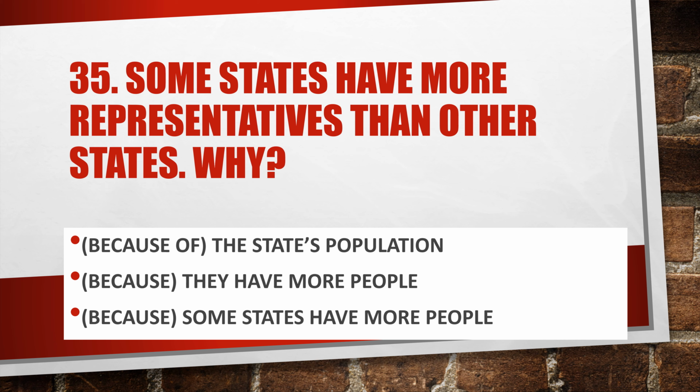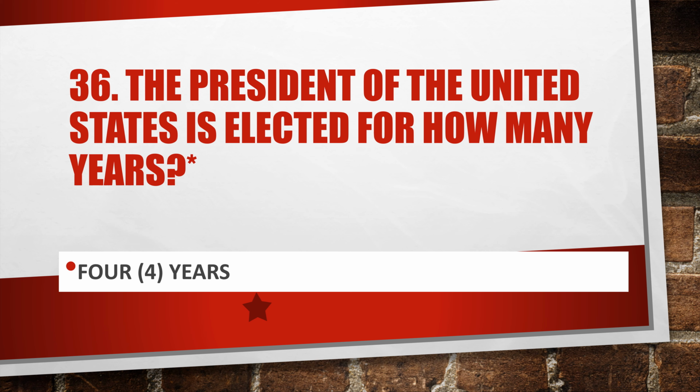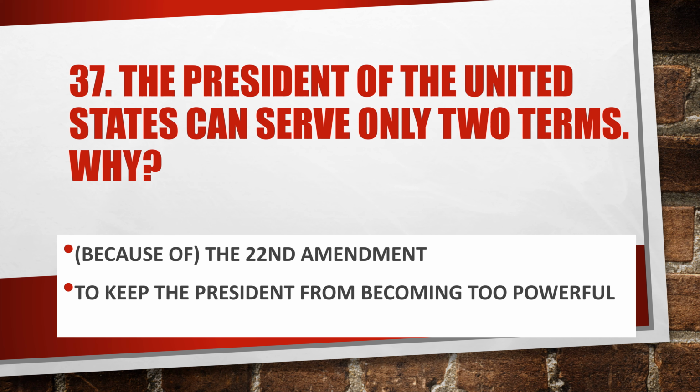The President of the United States is elected for how many years? For 4 years. The President of the United States can serve only 2 terms. Why? Because of the 22nd Amendment.